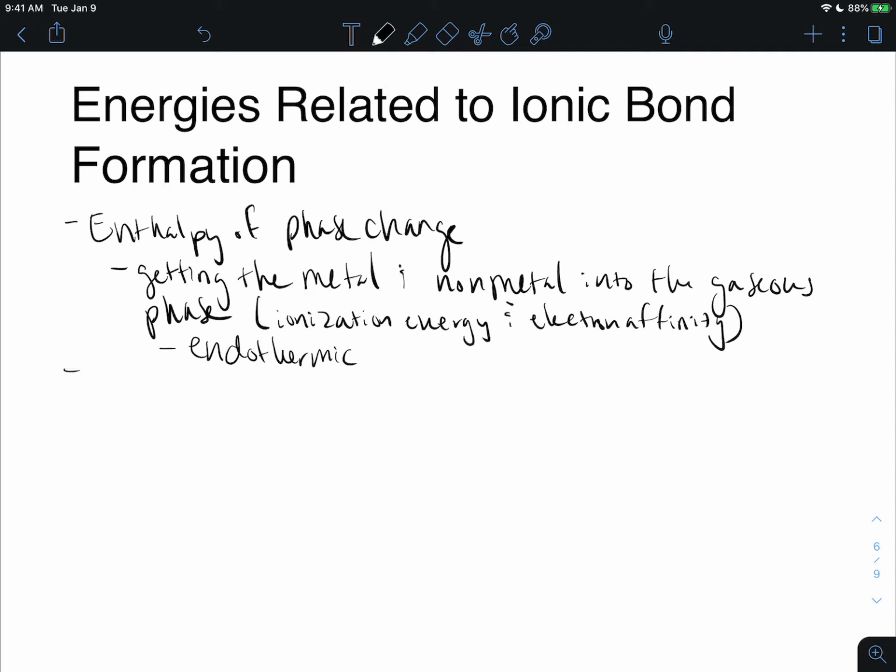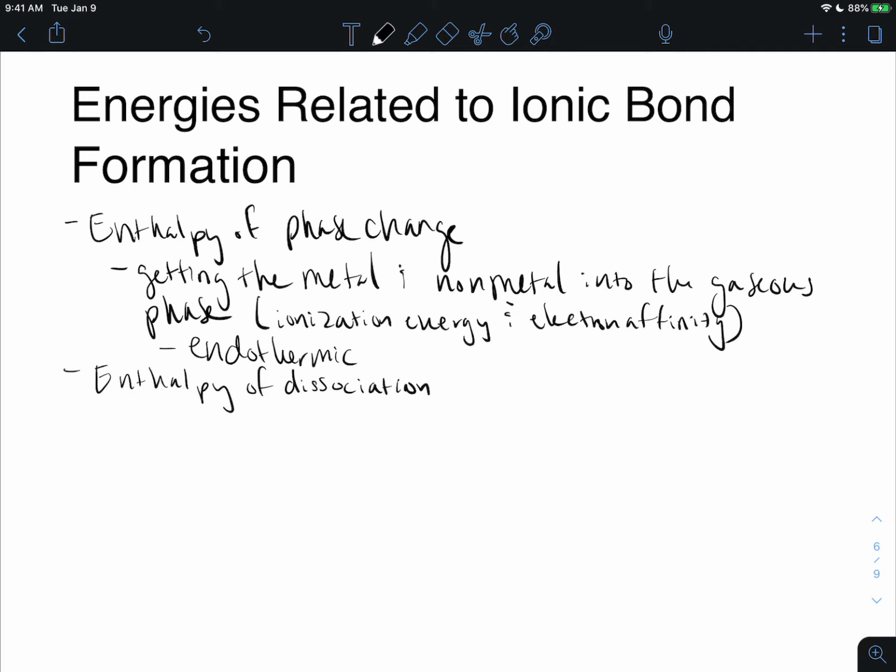Then we have enthalpy of dissociation. We're going to be starting out with elemental forms, and we'll go through all of these. But when we think about going all the way from our elemental form to our compound, which is what we're talking about when we're talking about forming ionic compounds, we need a lot of times to break apart diatomic molecules, such as chlorine gas or bromine liquid. All of these halogens are diatomic. So a lot of times we'll have to break them apart, or oxygen will form ionic compounds, so we have to break that apart.